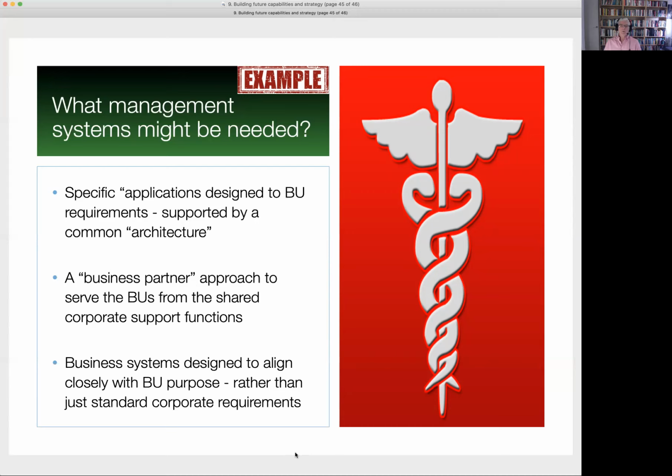And the business systems were designed to align very closely with the business unit purpose, rather than putting in place just standard corporate requirements. So one of the things that really shook them up was in the HR area, where they'd always had a standard competency model across the whole company. And we found that the competencies required in one business unit, while there would be some common ones across business units 2 and 3, weren't the same.